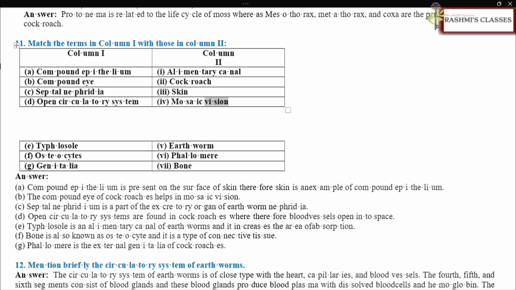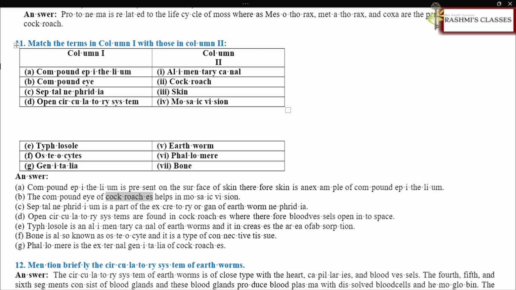Mosaic vision, 5. Earthworm, 6. Genitalia, 7. Bone. Answer: Compound epithelium is present on the surface of skin, therefore skin is an example of compound epithelium.